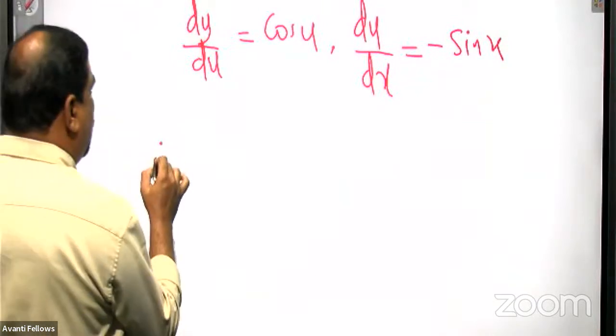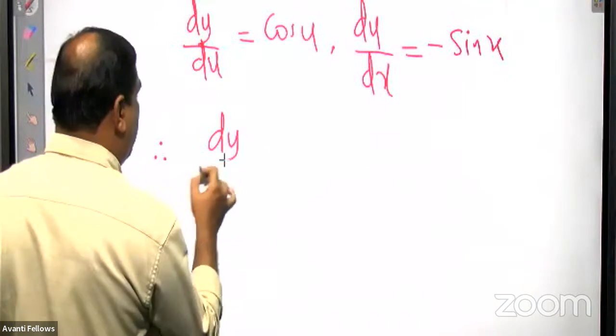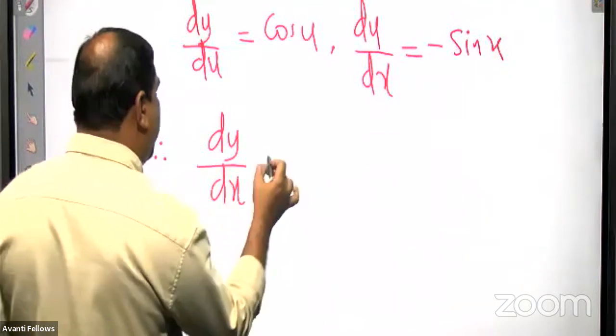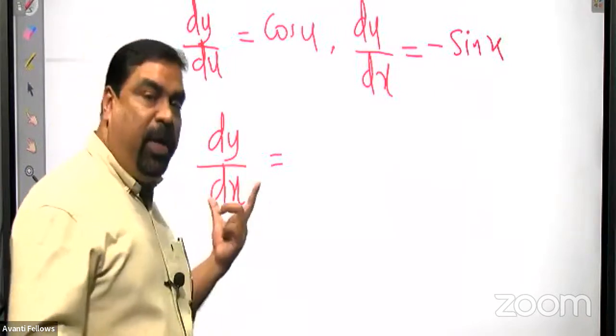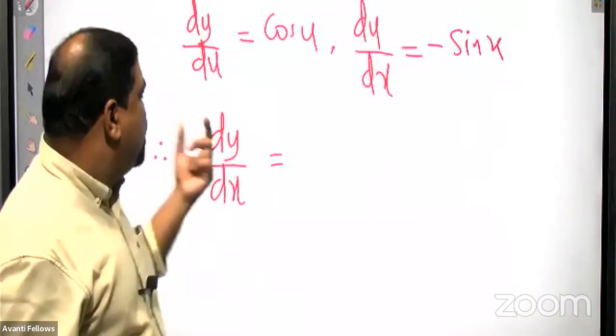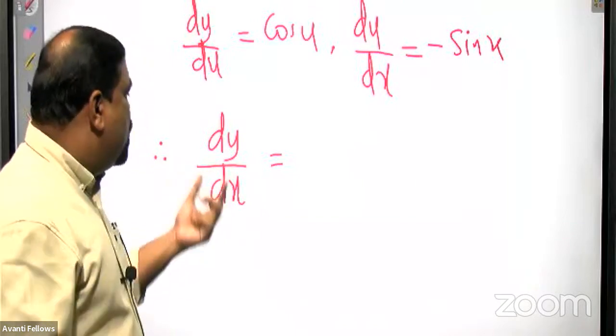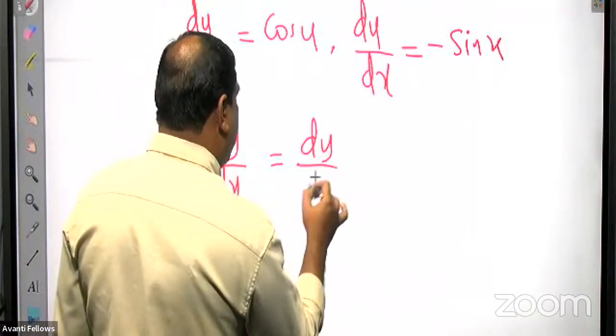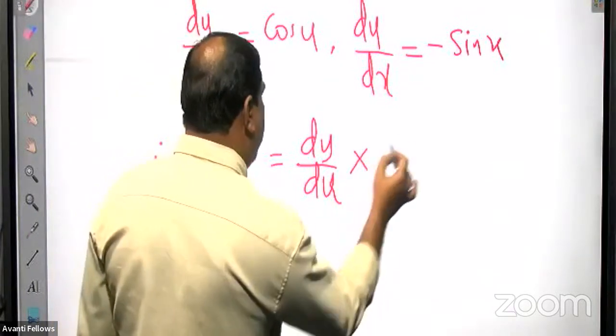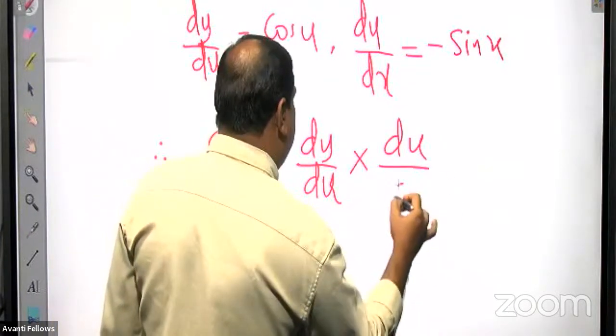Now the chain rule. Actually, we have to find dy by dx. Our aim is to find dy by dx, and for that the chain rule will help. The chain rule says that dy by dx is equal to dy by du multiplied by du by dx.